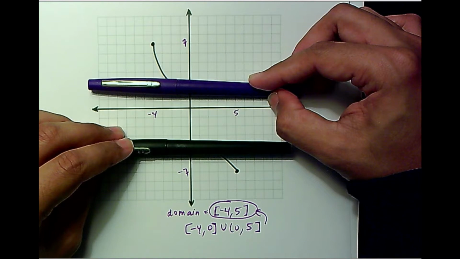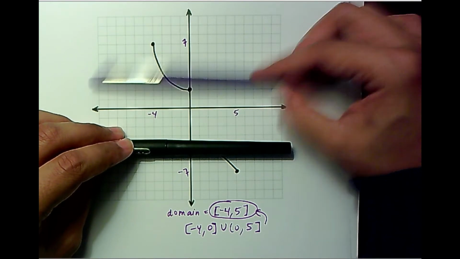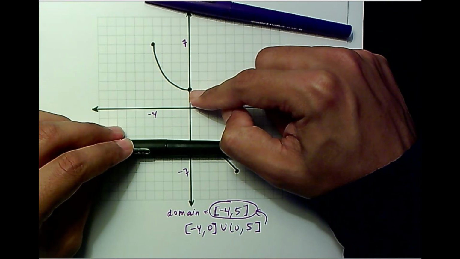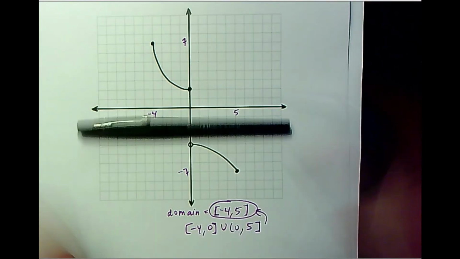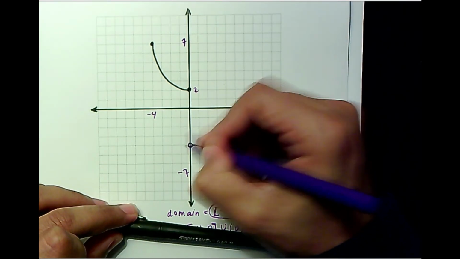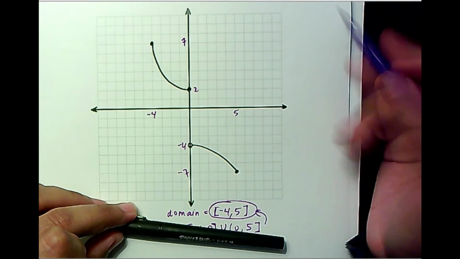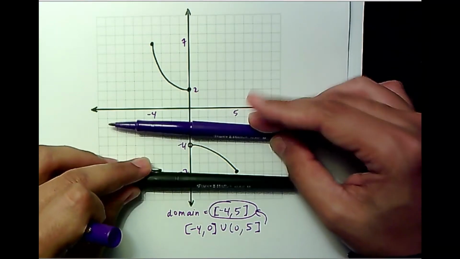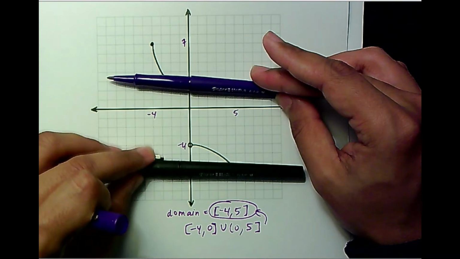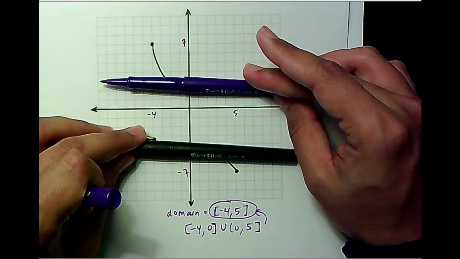So the range should be only between 7 and 2 because that's where there's a part of the graph, and then between -4 and -7 because there's a part of the graph in there. These numbers between -4 and 2 should not be used.